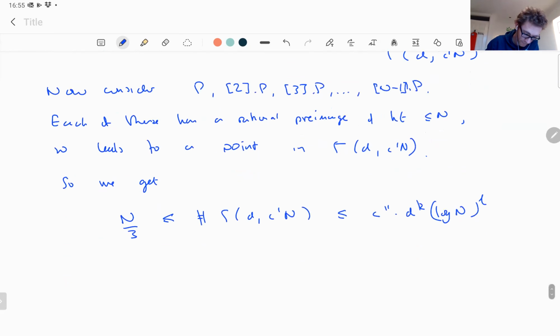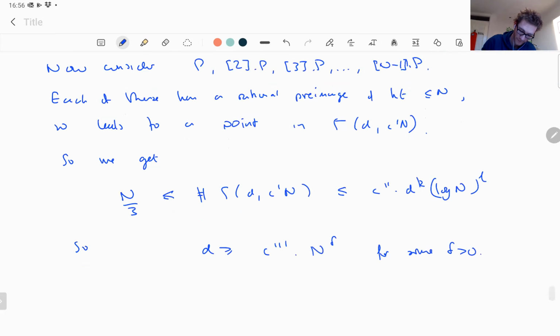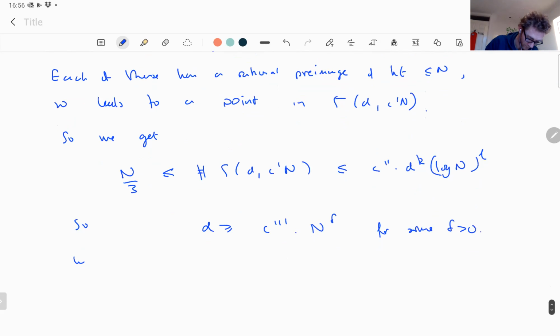This gives d is at least some positive power of n times a constant. And this was the degree of the field we were interested in. So that's the proof of the Galois bounds by counting. So that completes the proof.